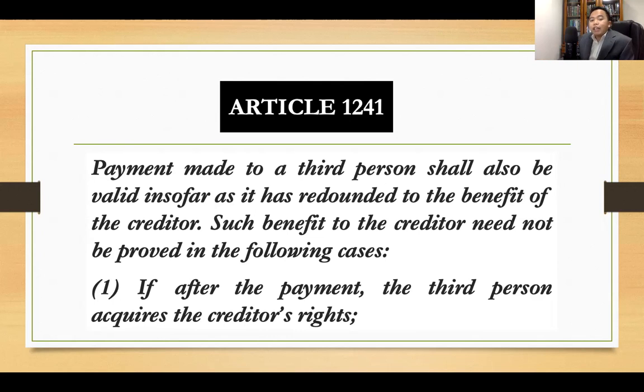Number one, if after the payment, the third person acquires the creditor's rights. In other words, even if the payment is made to a third person, the right of that person is subsequently acquired by the creditor. So the payment made to the third person which reaches the creditor is ratified.